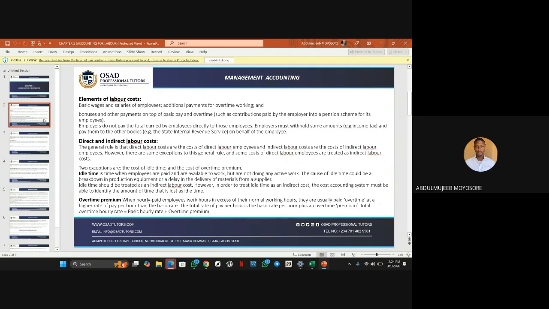Employers must withhold some amount, e.g., income tax, and pay it to other bodies, the state internal revenue, on behalf of the employee. Now, the employer is the person that owns the business, the person that owns the job. The employee is the person that is working for the owner of the business. Do you get that? Yes, sir.